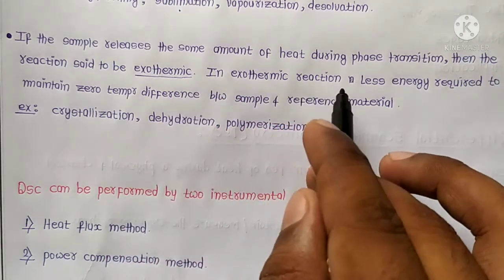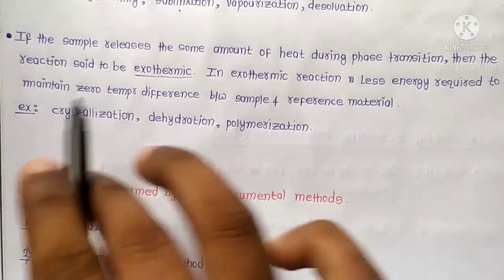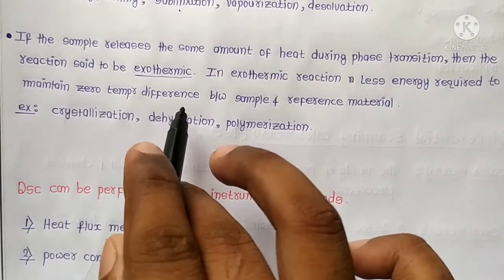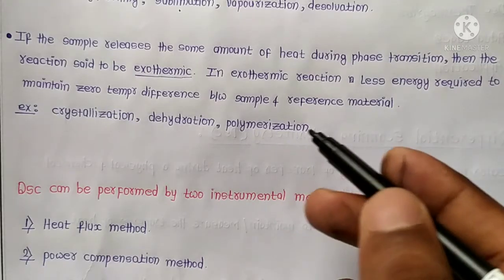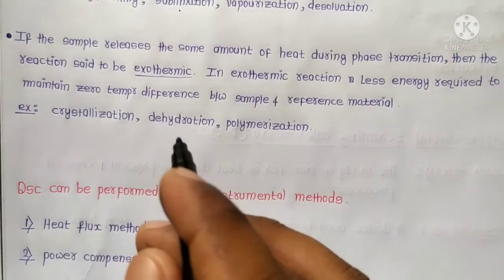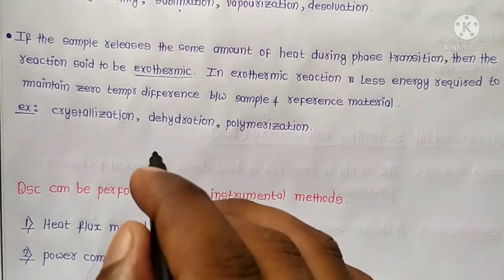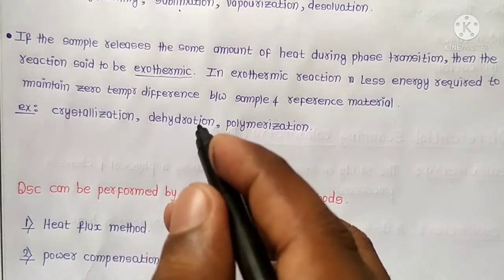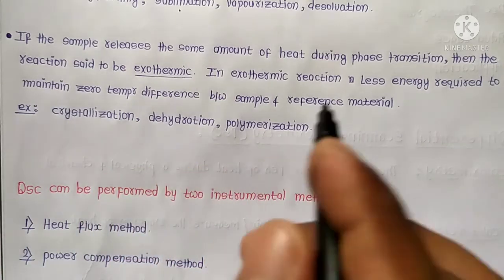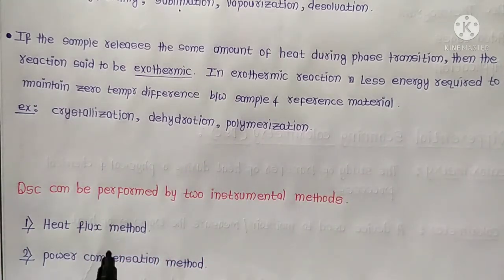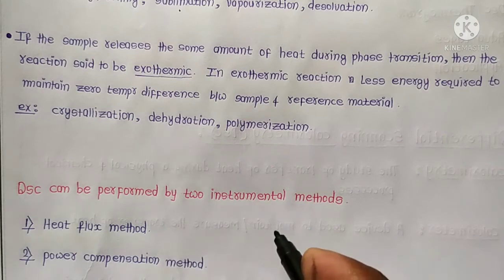So in an exothermic reaction, less energy is required to maintain the zero temperature difference between the sample and reference material. If an exothermic reaction takes place in the sample, it indicates processes like crystallization, dehydration and polymerization. DSC can be performed using two instrumental methods: one is the heat flux method and the other is the power compensation method.